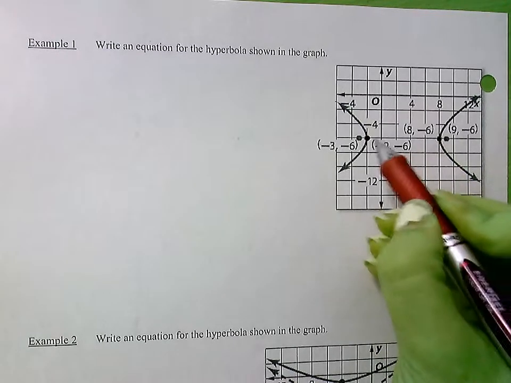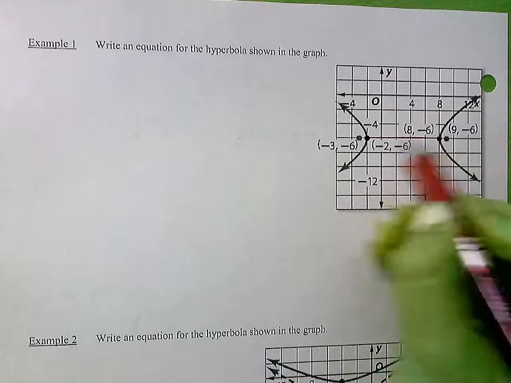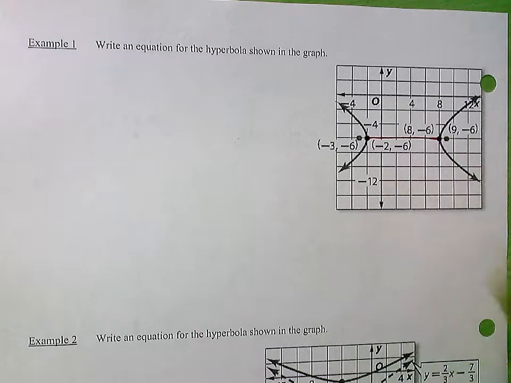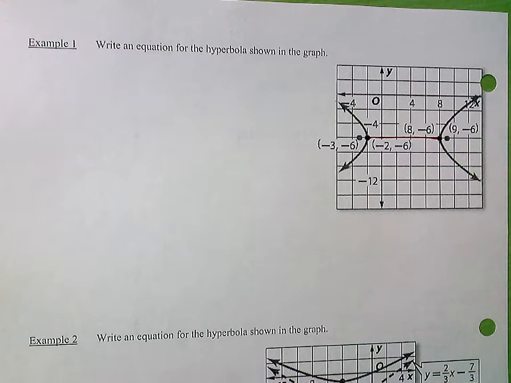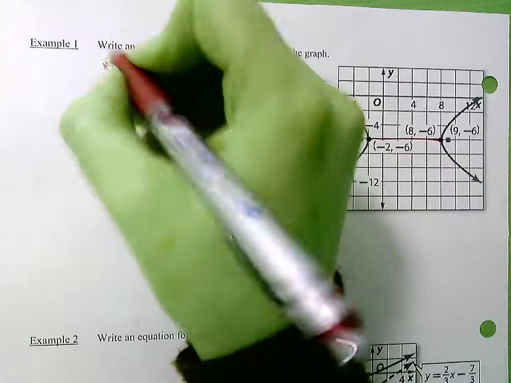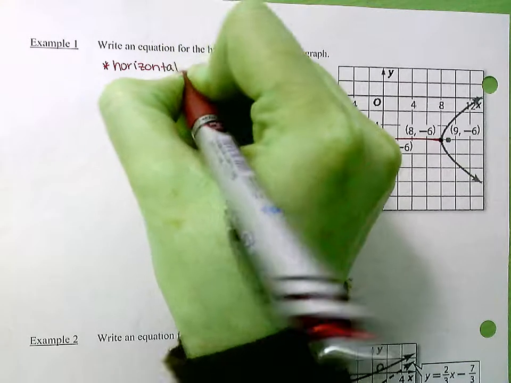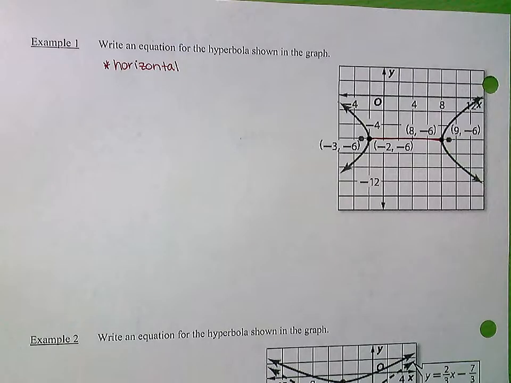Between our vertices we have our transverse axis. Since that axis is horizontal, that means the standard form of our equation needs to be horizontal. So you want to look at those transverse axes to see which direction they go. So this one is horizontal.